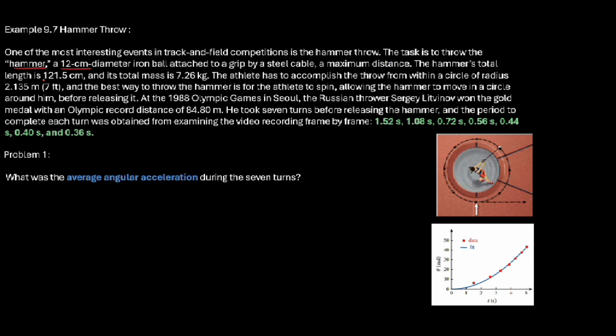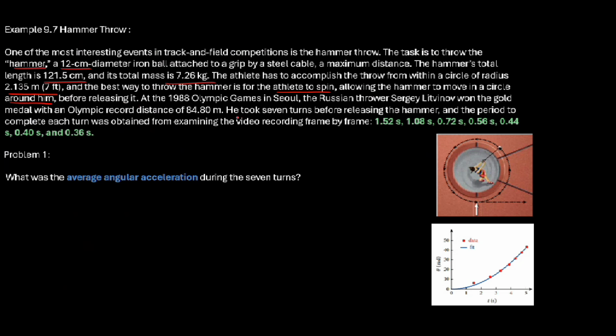The hammer's total length is 121.5 centimeter and its total mass is 7.26 kilogram. The athlete has to accomplish the throw from within the circle of radius 2.13 meter, which is equivalent to 7 feet. And the best way to throw the hammer is for the athlete to spin, allowing the hammer to move in a circle around him before releasing it.